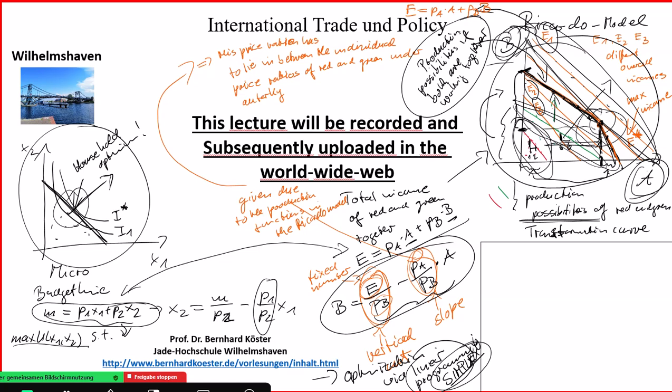Well, I have drawn this here by moving it outward, and then of course we end up in this kink as the maximum outward lying income line.